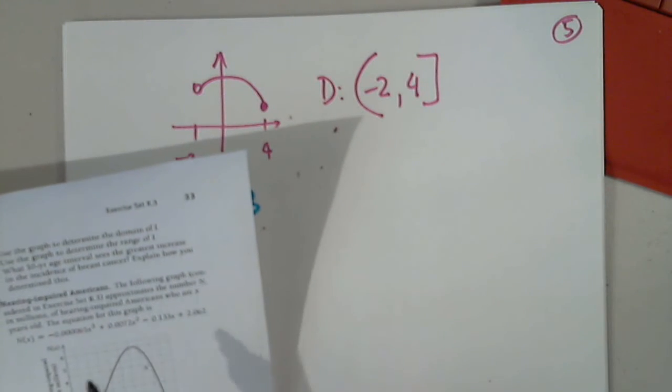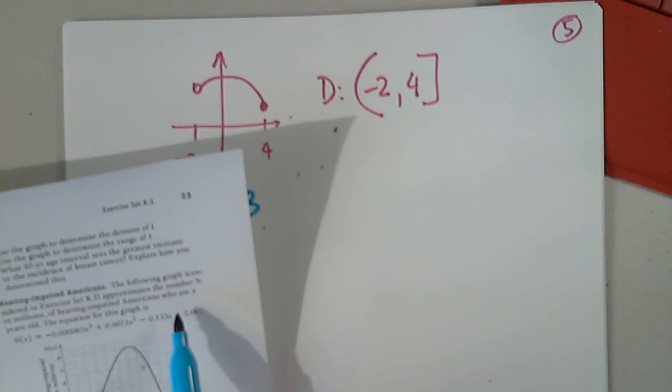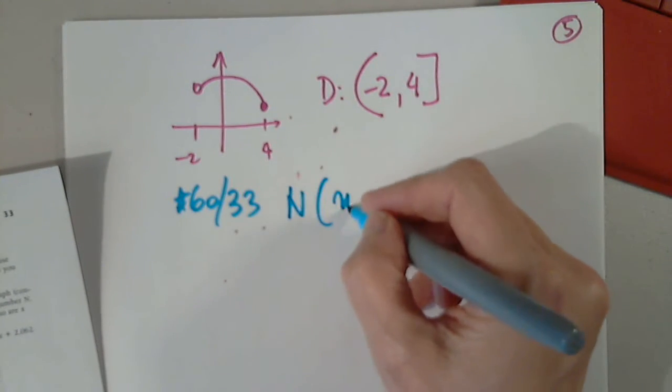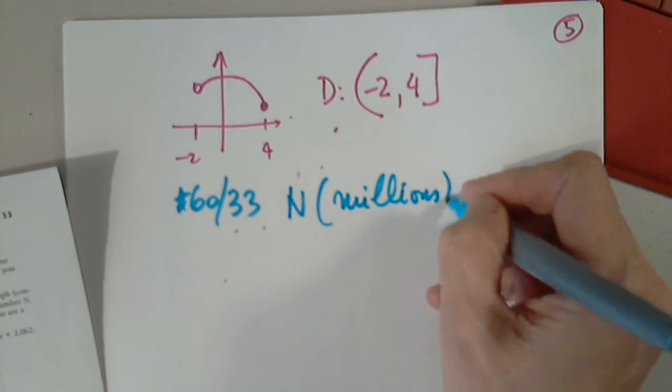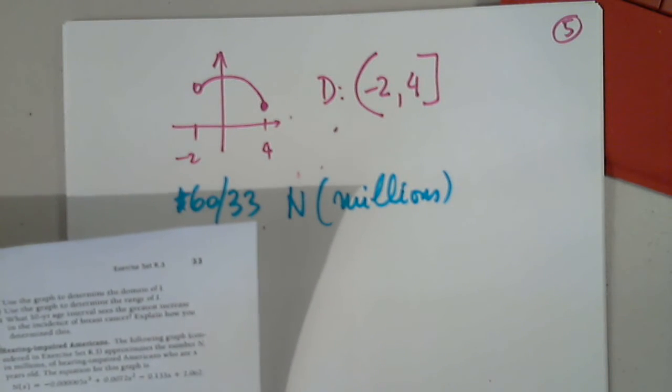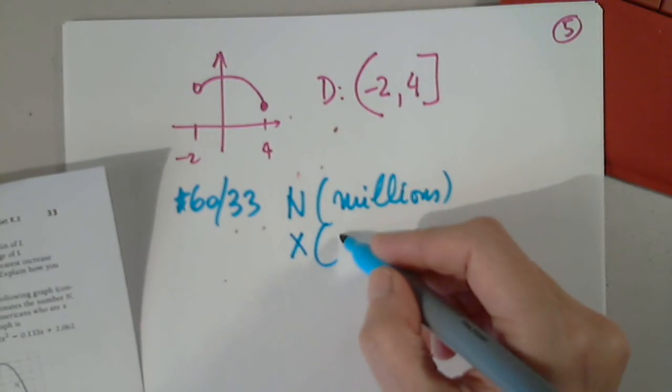Okay, the following graph approximates the number n, in millions, of hearing impaired Americans who are x years old.